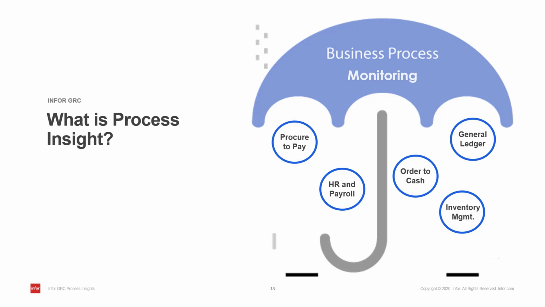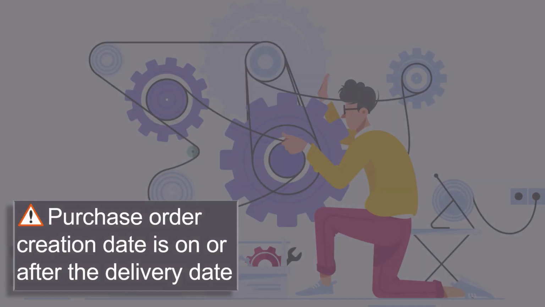All right, with that background in mind, now let me start introducing you to the different control types. We'll start with the first control, which is a math type of control. For the math type of control, I'm taking an example of purchase order creation date is on or after the delivery date. This is a typical example of this control, where what we're trying to emphasize is that there could be multiple risks identified as a part of this control.